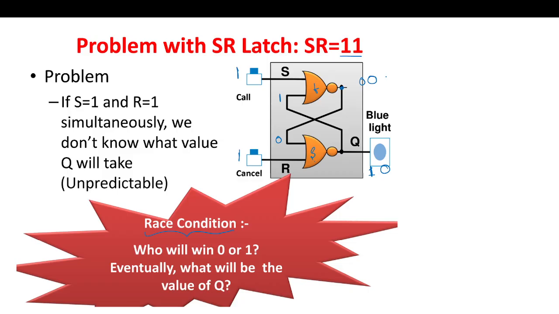Now if you change the input, so it's 0 0 now. 0 0, output is 1, and this is the faster gate, so this 1 will come here, and this will give 0 1, which is 1.